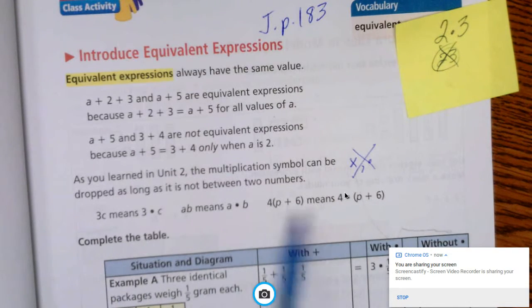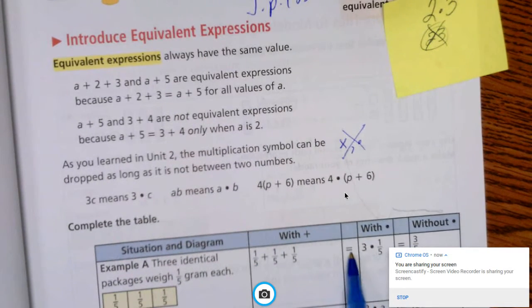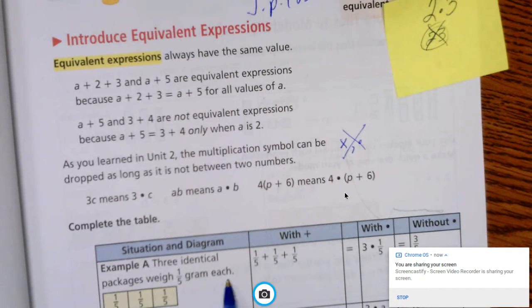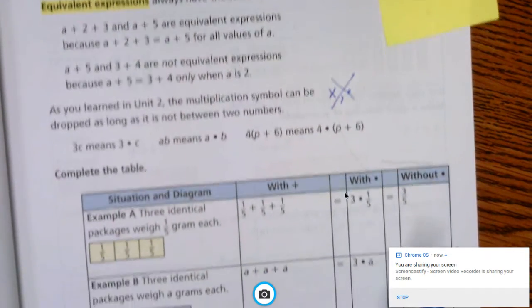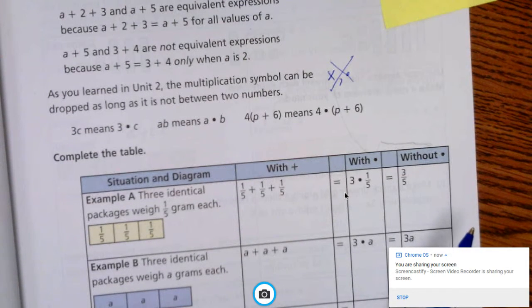So we're going to practice some of these, and we're also going to see these equivalents being expressed with equal signs in between them down here. So if we look at the examples on this page, we are going to start dropping the multiplication symbol in the expressions and just thinking about different ways to do this.